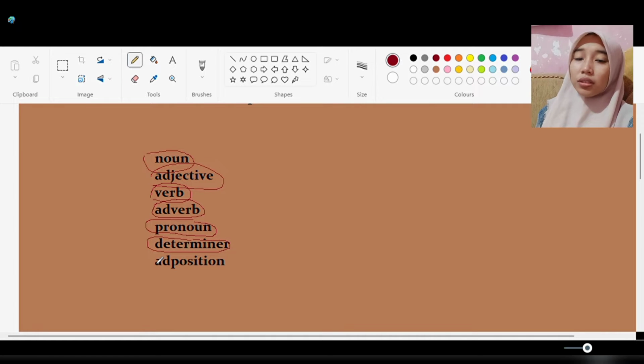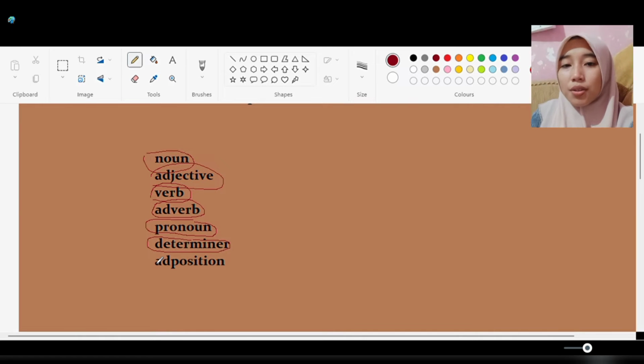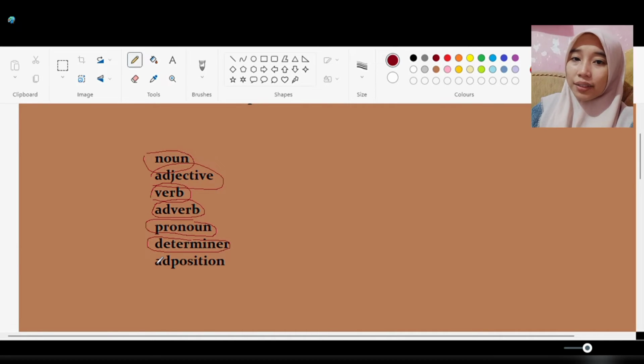Determiners also include things like possessives like his, her, your; demonstratives like this, that, these, those; and quantifiers like one, some, many, that sort of thing. So maybe get used to the distinction between articles and determiners, but in this class you can use the two interchangeably. It's totally fine.